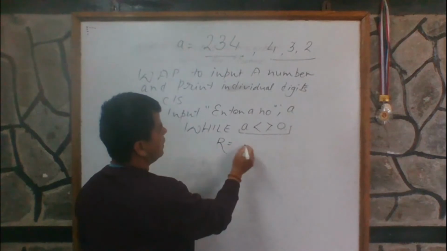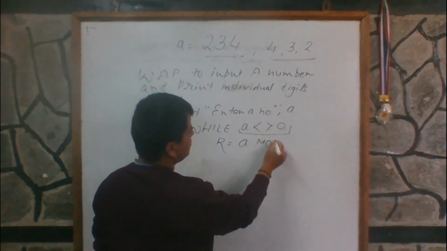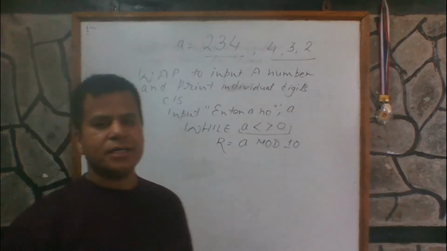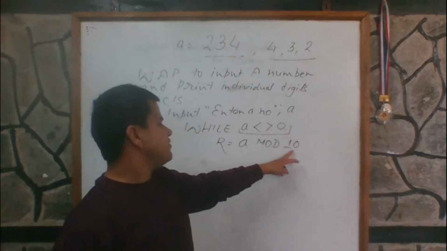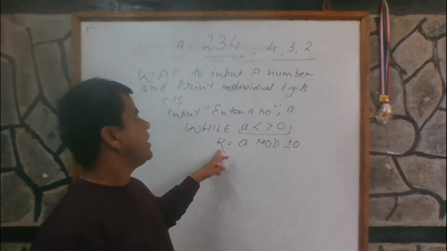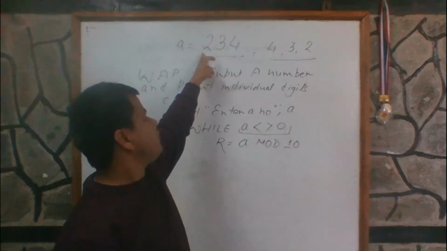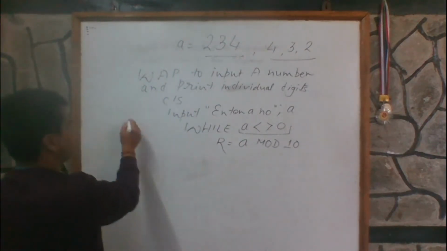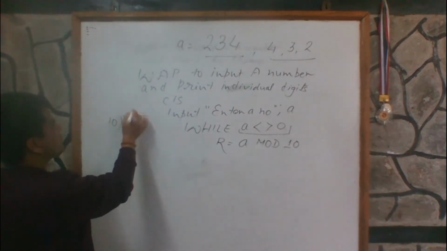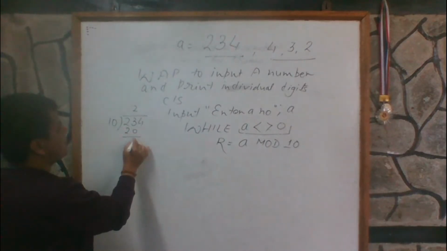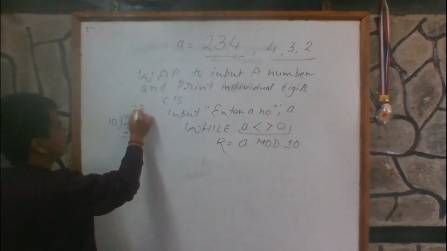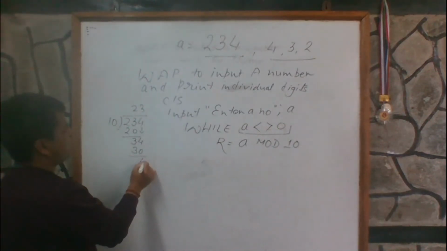R is equal to A MOD 10, and you have to calculate the remainder by dividing by 10. You have to divide that particular input number by 10 and take the remainder. For example, the value of A is 234. If 234 is divided by 10, 10 times 2 is 20, then the 3 is brought down, and 10 times 3 is 30, and 4 is the remainder.